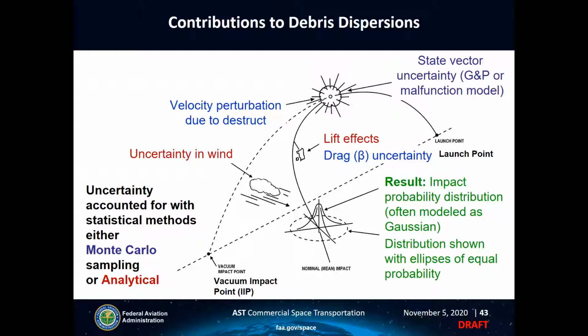They're often bivariate normal. They don't have to be bivariate normal, but it's very typical based on the central limit theorem when you have multiple sources of uncertainty to get normal distributions. Okay, next slide, please.